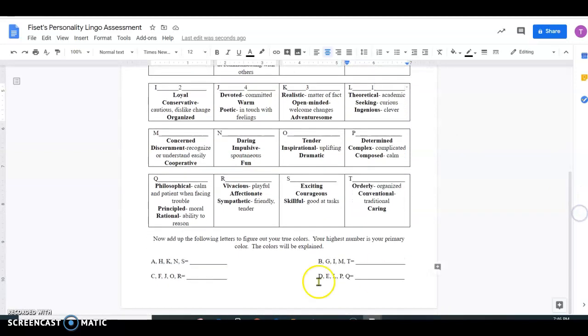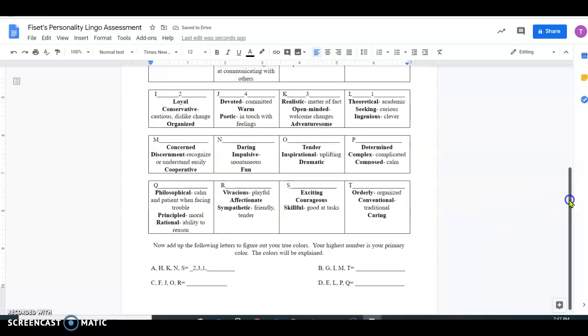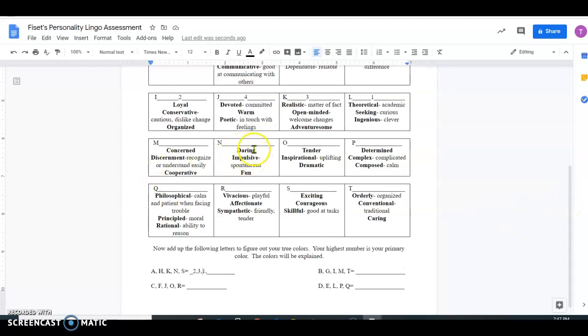Here's how you do it. My A is a 2, H is a 1, K is a 3. And then I'd look at N, and let's just say N was a 2, so I put 2.